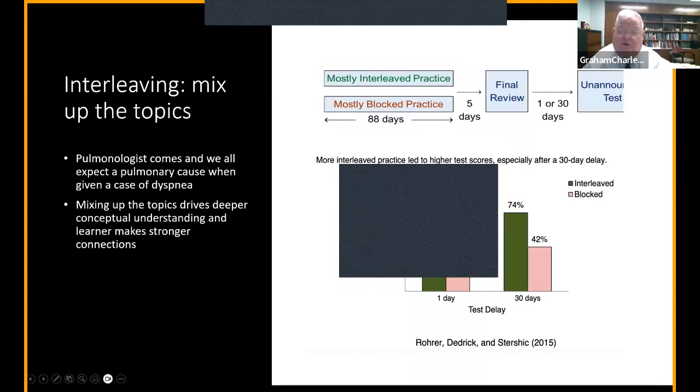The educational research shows it actually nearly doubles the gains by mixing up the topics.